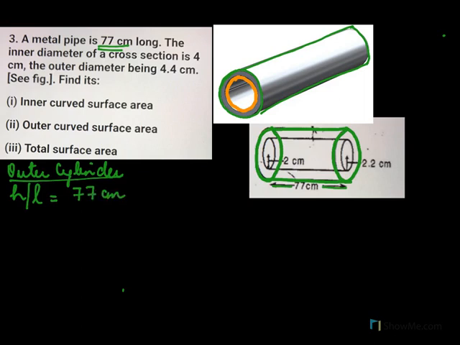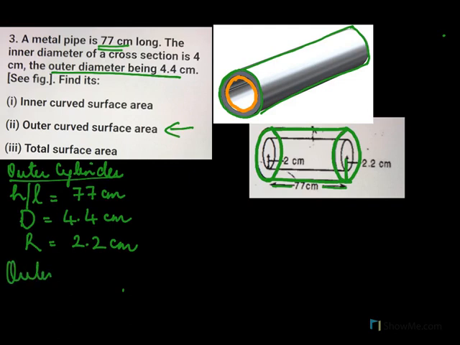Here they have given you the outer diameter, so outer diameter, we'll put it in capital D, is 4.4 centimeters. So the radius will be 2.2 centimeters. See here they mark the 2.2 centimeters. This should be the outer one. So we can find the outer CSA.